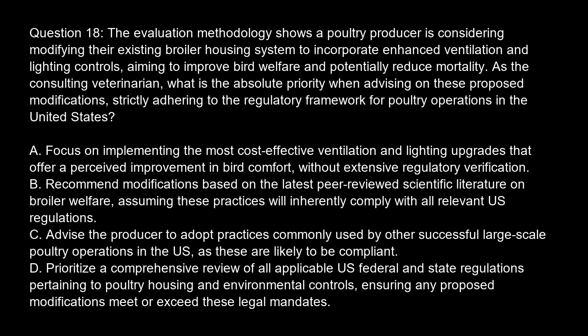Option C. Advise the producer to adopt practices commonly used by other successful large-scale poultry operations in the U.S., as these are likely to be compliant. Option D. Prioritize a comprehensive review of all applicable U.S. federal and state regulations pertaining to poultry housing and environmental controls, ensuring any proposed modifications meet or exceed these legal mandates.